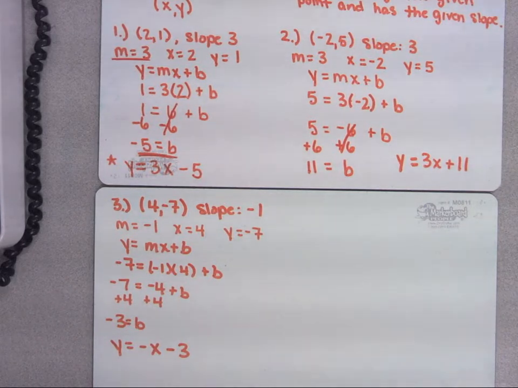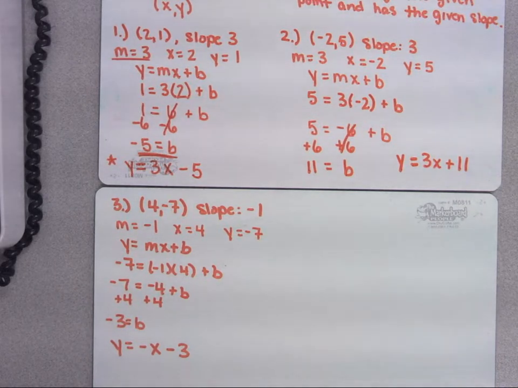Is there a difference if I write -x versus -1x? No, they're the same thing. They are exactly the same thing. As long as you know that difference, it's okay. And the computer will not mark it wrong if you write -1x. They only will mark it wrong when you type in decimals instead of fractions, because in math we always use fractions.